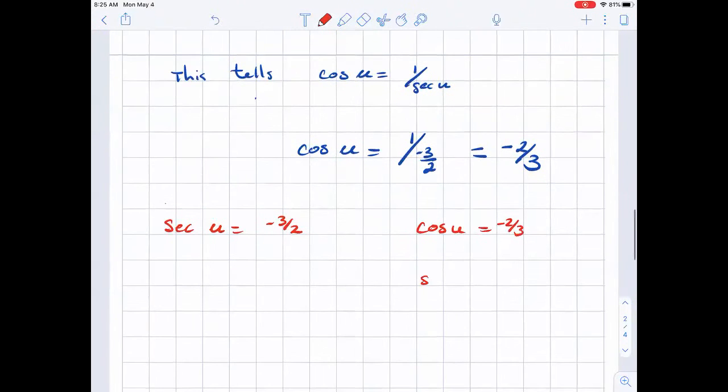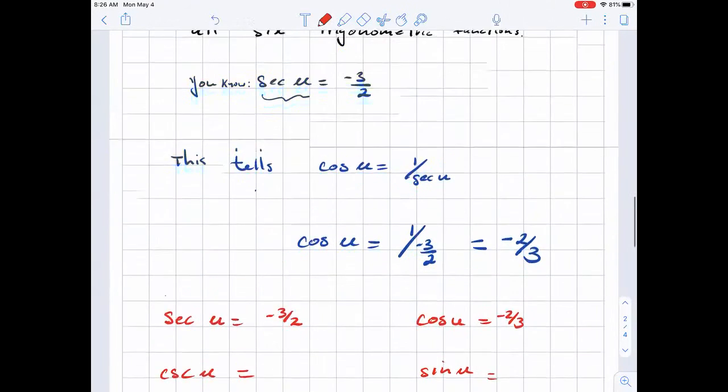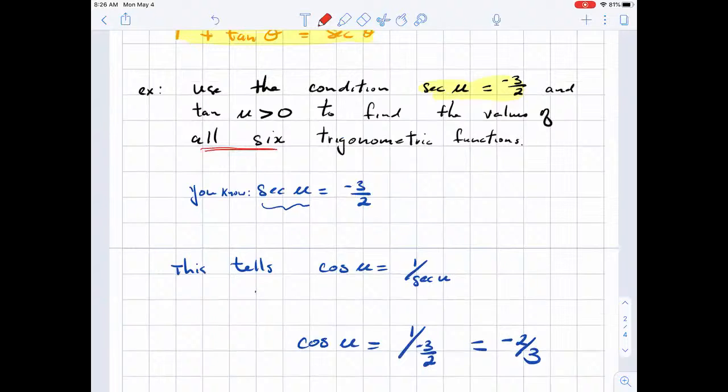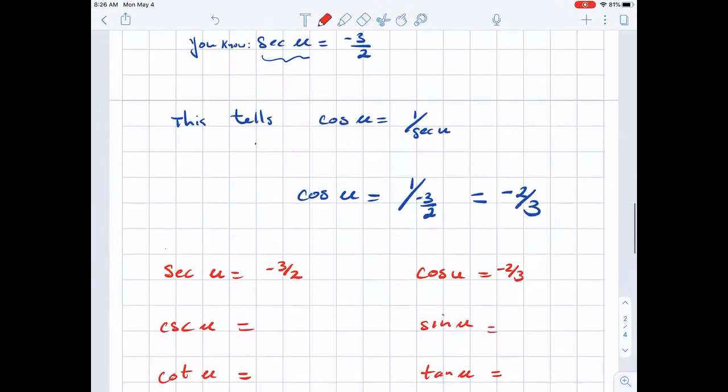So we need sine, we need tangent, we need cosecant, and we need cotangent. Those are the things we still have to find, because they said they want all 6 of them.